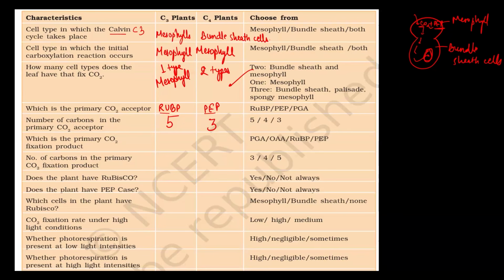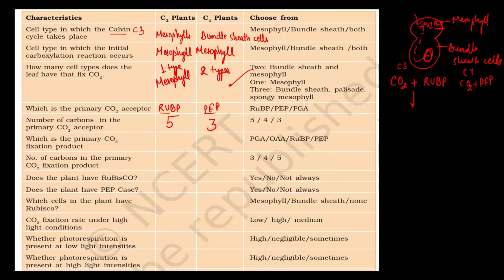Okay, now next is, which is the primary carbon dioxide fixation product? So by this, what it means is that when carbon dioxide comes, it binds to its primary acceptor, right? That in the case of C3 is RuBP, right? And in the case of C4, it is what? CO2 plus PEP, right? Now, this CO2 plus RuBP, what does it form?